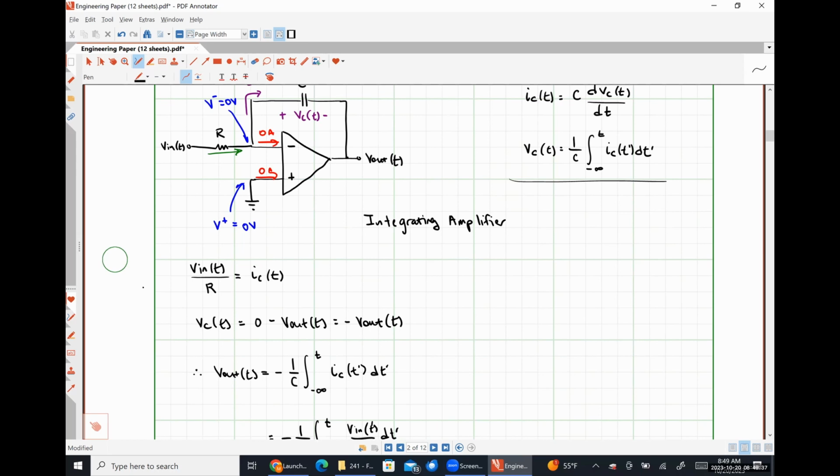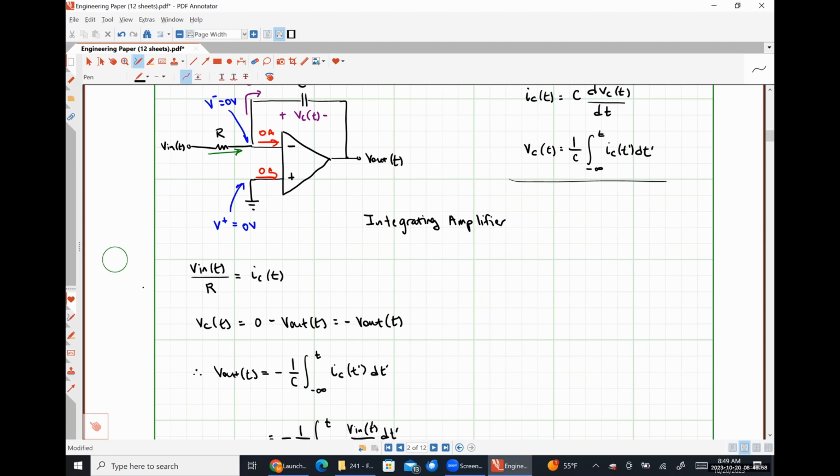In a communication system, this is an active filter.